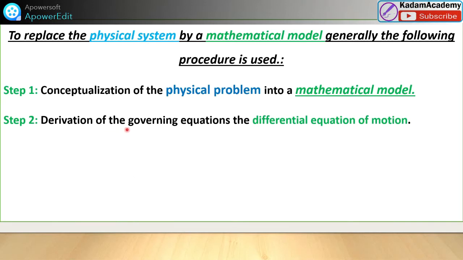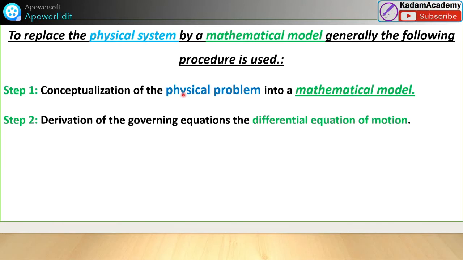Second is the derivation of the governing equation, the differential equation of motion. We have to derive the governing equation for this mathematical model, which was formed using the physical problem or physical system.